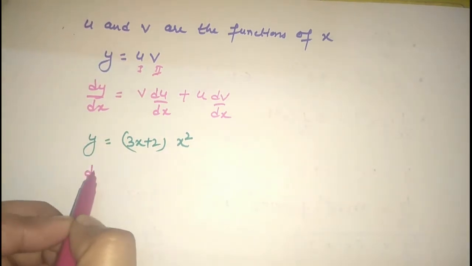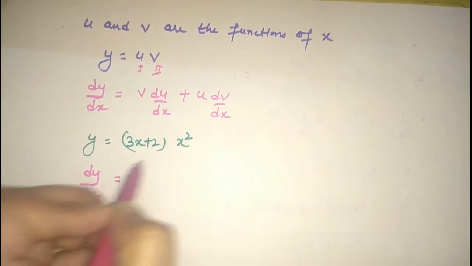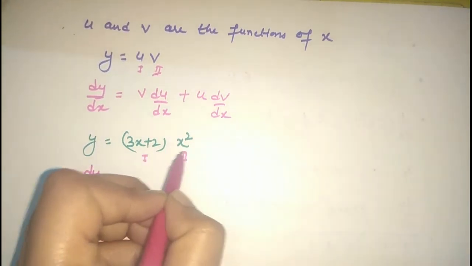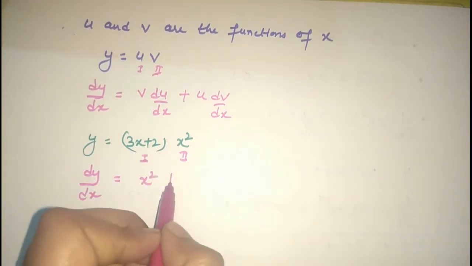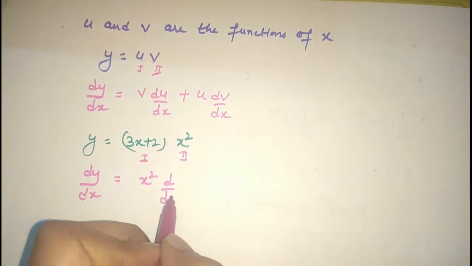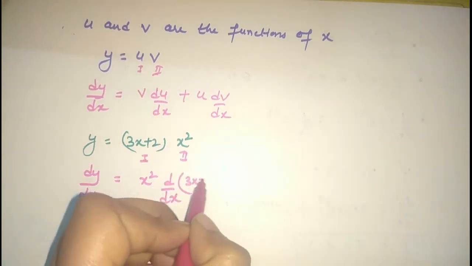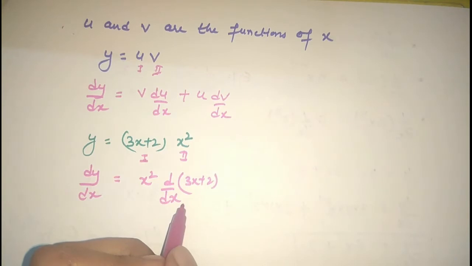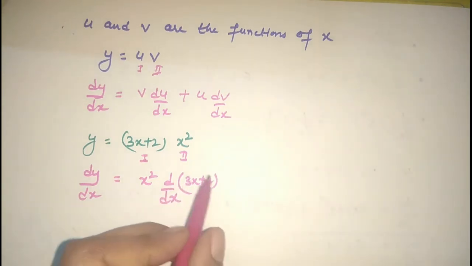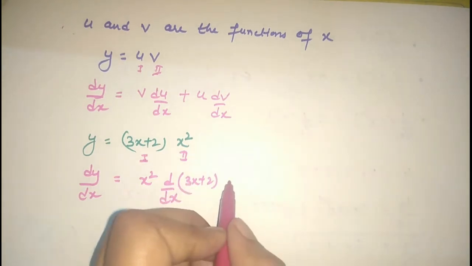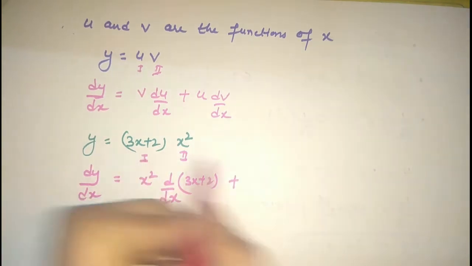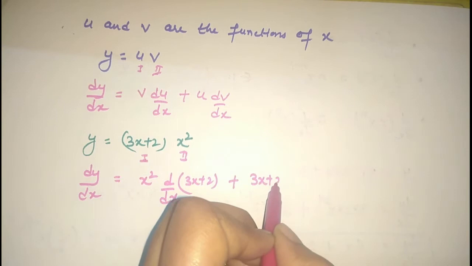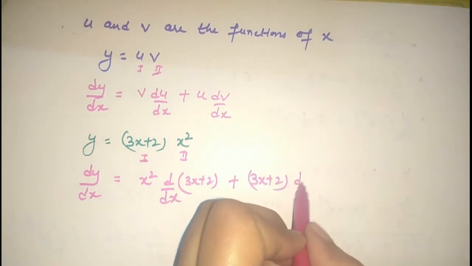So dy by dx is equals to, this is our first function, this is our second function. Write the second function as it is, write the x square as it is and find the derivative of second function, that is 3x plus 2. So firstly I will write it as d into 3x plus 2 upon dx plus write the first function as it is and find the derivative of second.